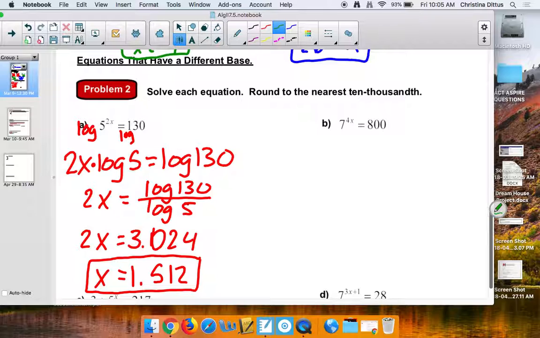Okay. Questions? Okay. In B, can I take 7 to some power and get exactly 800? Probably not. So we're going to do the same thing. First thing, as long as this is isolated, which it is, there's no plus or minus anything over here, we're going to take the log of each side.